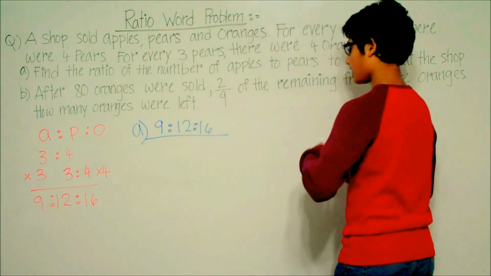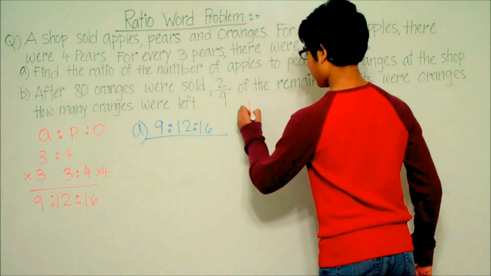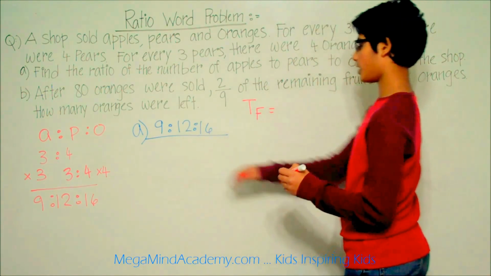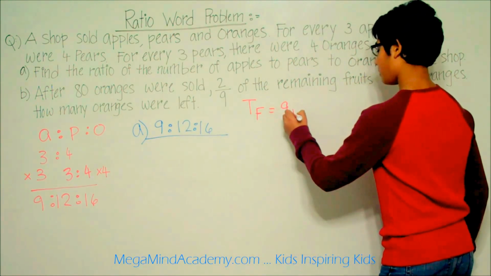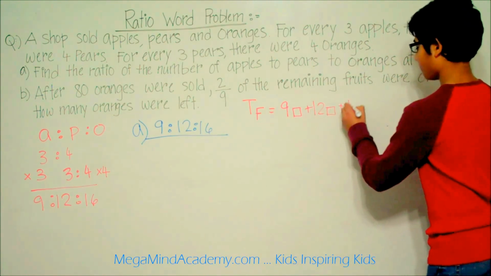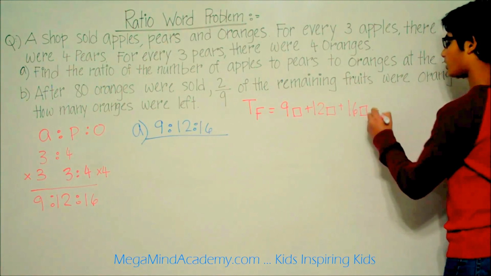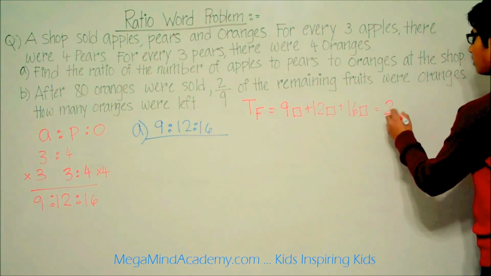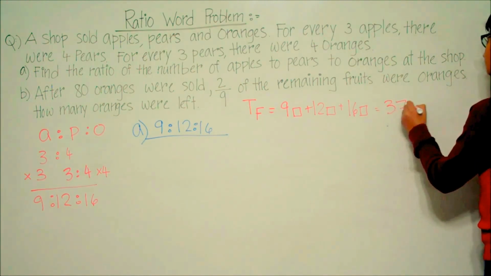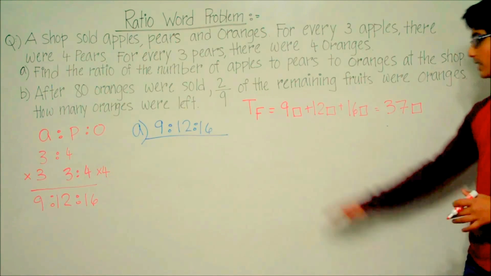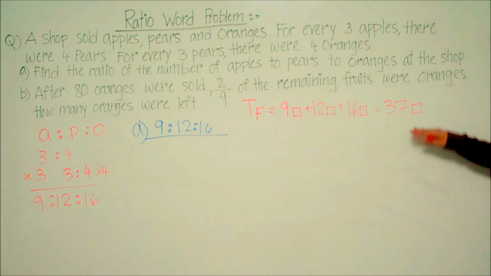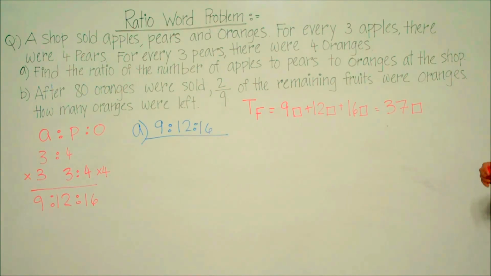The total fruits, TF, are equal to 9 units plus 12 units plus 16 units, which are equal to 37 units.